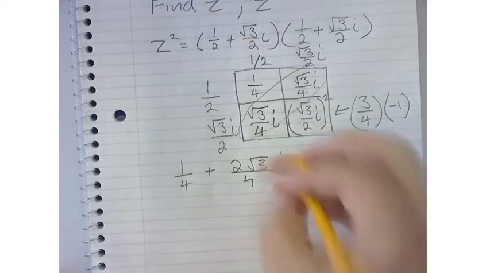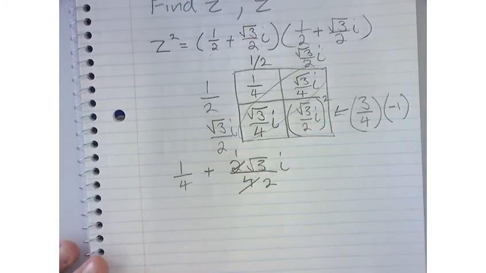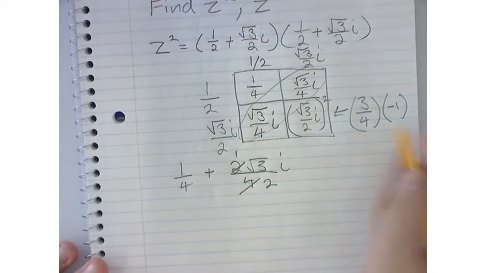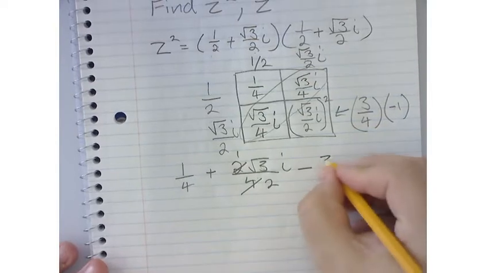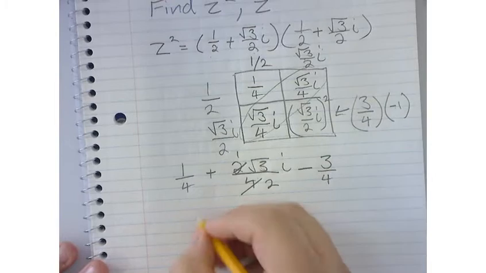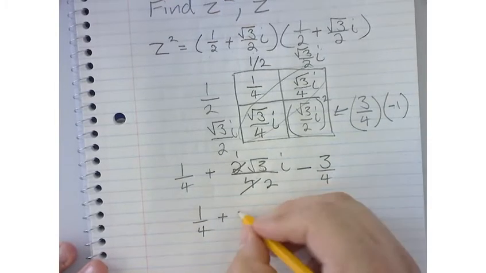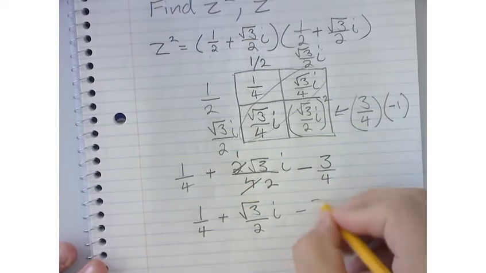It reduces. So this is really 1/2. Do you see how I did that? Alright, plus, oh wait, what's 3/4 times -1? -3/4. So to clean this up, I get 1/4 plus the square root of 3 over 2i minus 3/4.